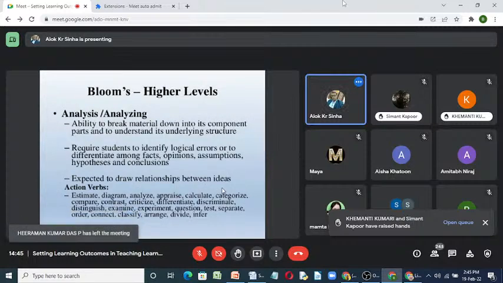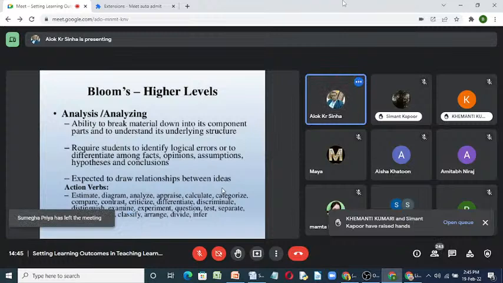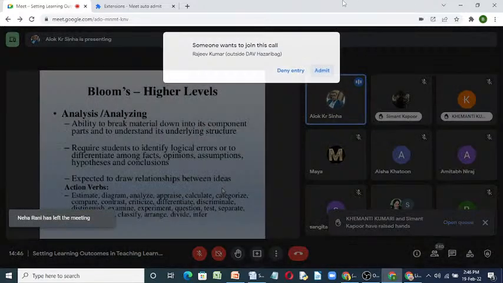Now, analyze or analyzing. In this segment, it is the ability to break material down into its component parts and to understand its underlying structure. It means we can break down the information into some or many pieces. When information can be broken into pieces, it comes under analyzing.